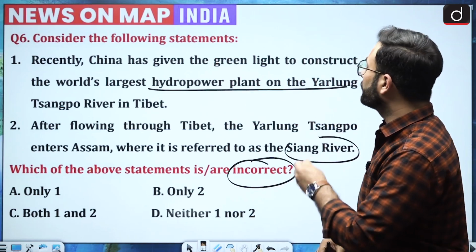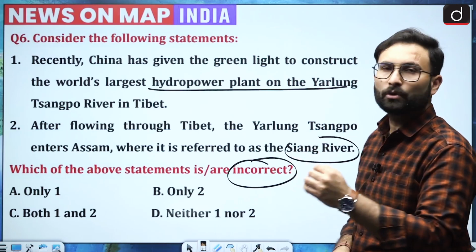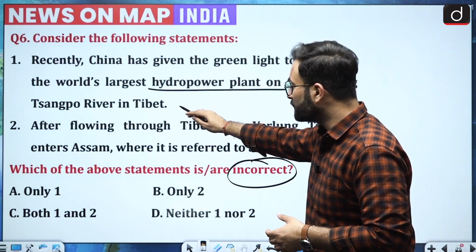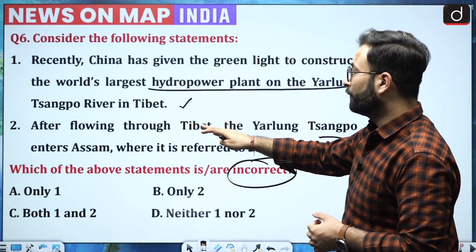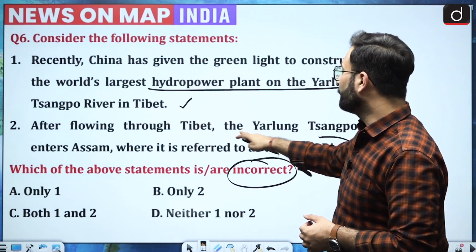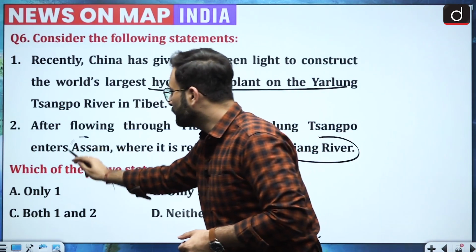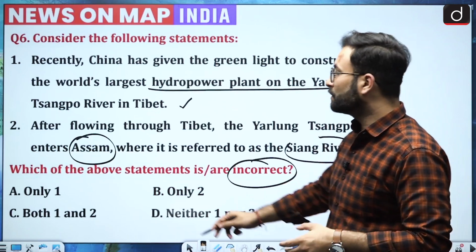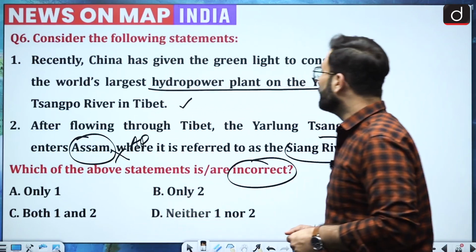Recently, China has given the green light to the construction of the world's largest hydropower plant on the Yarlung Sangpo River. This was recently in the news, so that is why it has been taken, and that is correct. Coming to the next one: after flowing through Tibet, the Yarlung Sangpo enters Assam. So they are saying it enters Assam, but that is incorrect, because it enters through Arunachal Pradesh.